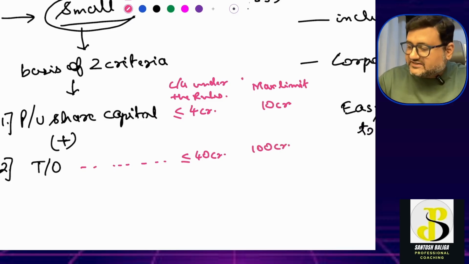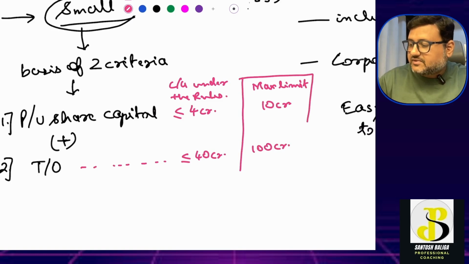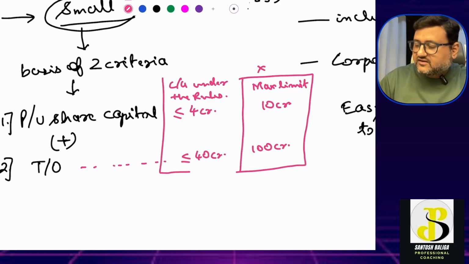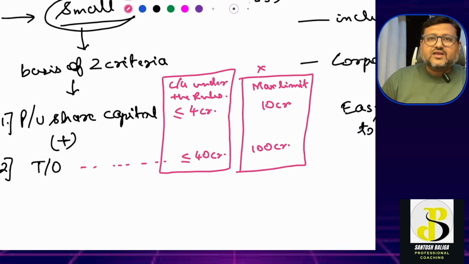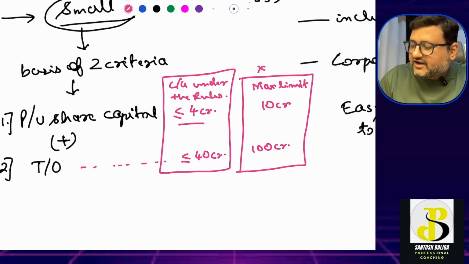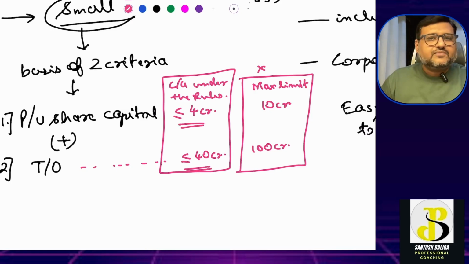Okay, so this is the maximum which can be prescribed by the central government. Currently this is of no use for us, so what we have to understand is this part only, which has been implemented as per the amendment. Okay, now in the definition it was given as paid up share capital not more than 50 lakh rupees and turnover not more than 2 crore rupees. That has been changed now, and it has been provided that 4 crores and 40 crores. Okay, this was the amendment which has come a couple of years back.